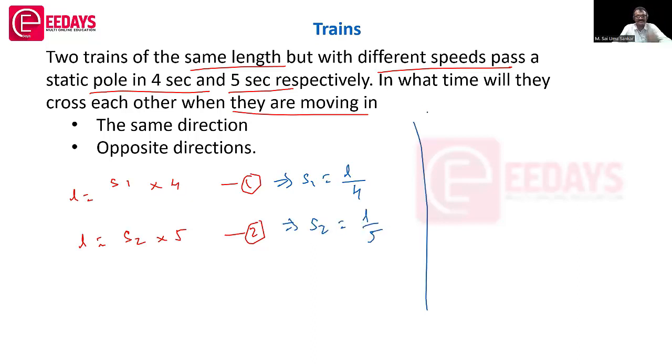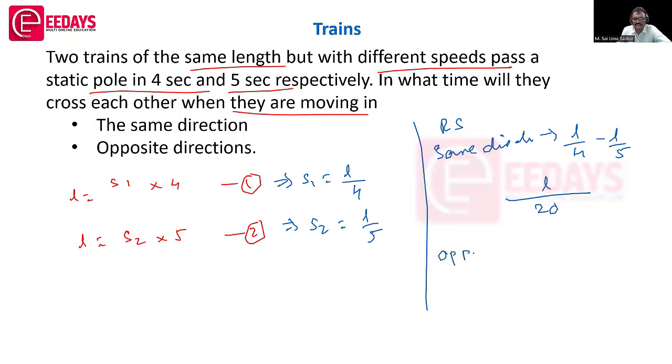Now the first question, same direction, relative speed in the same direction. What happened? It is the difference, right? So L by 4 minus L by 5. This is equal to, over 20, 5L minus 4L, so L by 20.